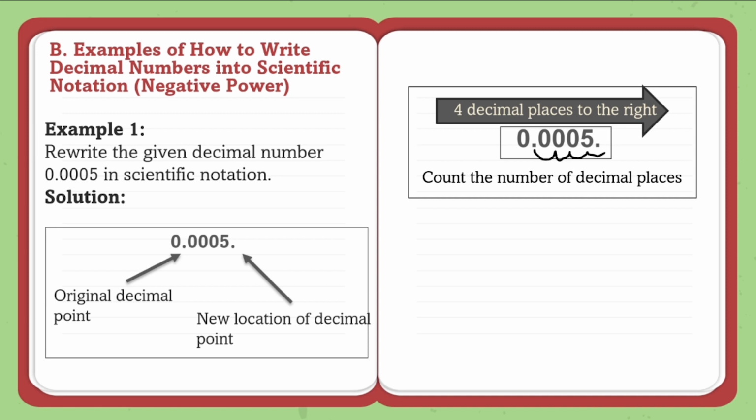So the final value of the coefficient C is equal to 5, and the power of base 10 is negative 4. Our final scientific notation answer is 5 times 10 raised to negative 4. So that's our final answer.